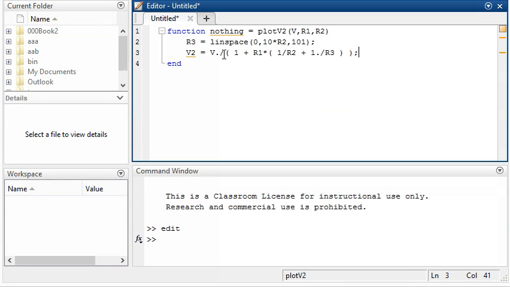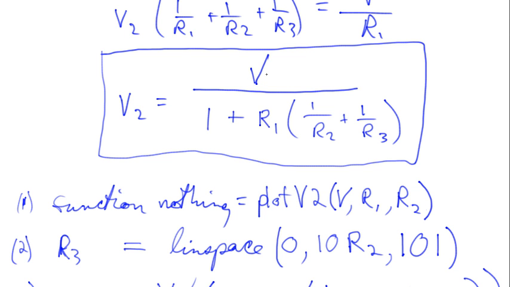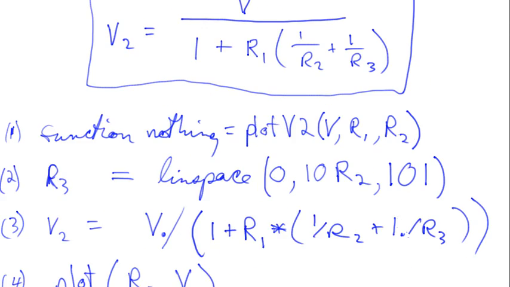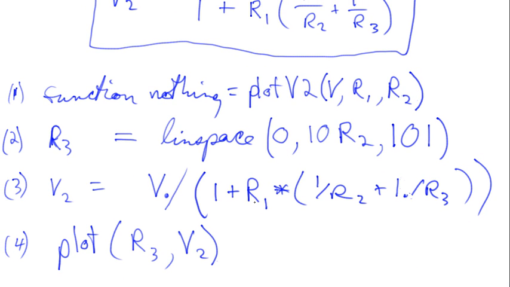V dot slash, and then in the denominator I got that all in parentheses, 1 plus R1 times, in parentheses, that sum of reciprocals. So V all over 1 plus R1 times, in parentheses, that sum of reciprocals, and yeah, it looks just like that.